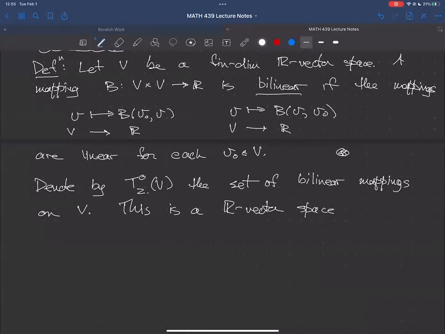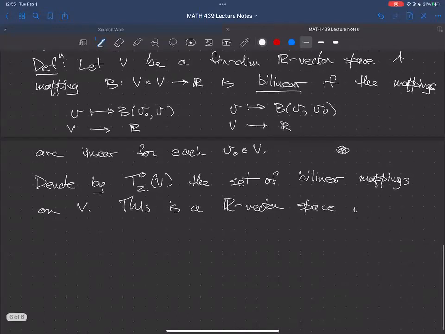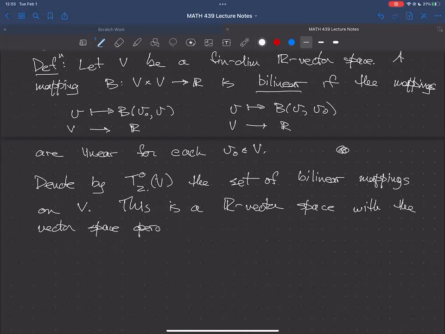To make it into a vector space, all I'm going to do is tell you what the vector space operations are, addition and scalar multiplication, and then it's easy to verify that those satisfy the list of axioms for a vector space. So if I take two bilinear mappings, B1 and B2, I want to show you how to add them.